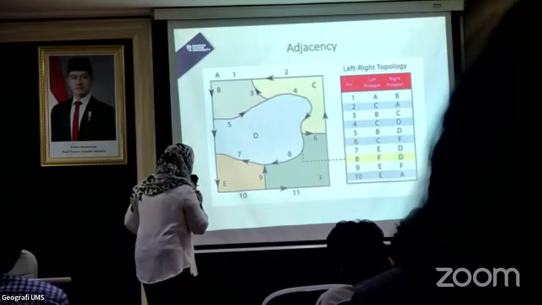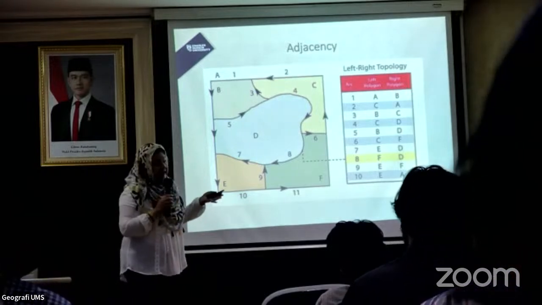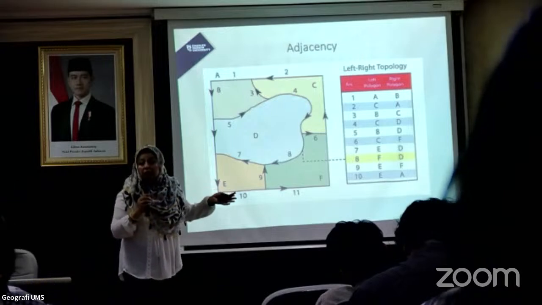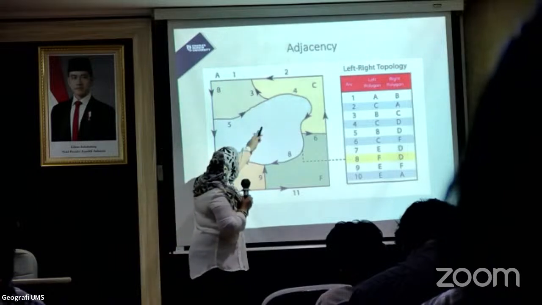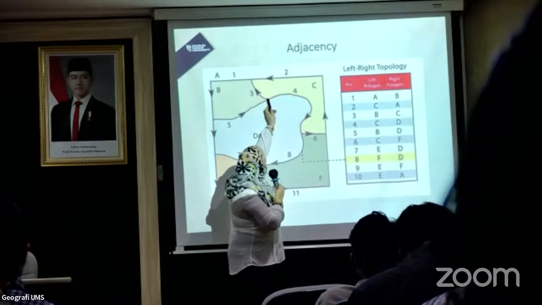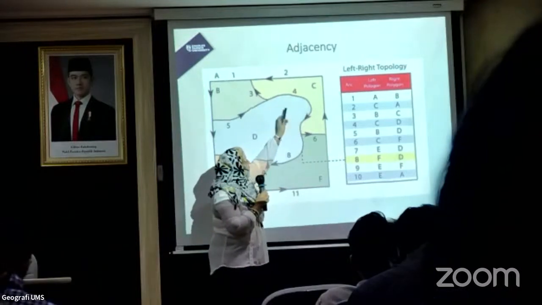Here you can see what the left polygon and the right polygon are based upon arcs. If I say this is arc 4, from here this is its starting point, this is its ending point.